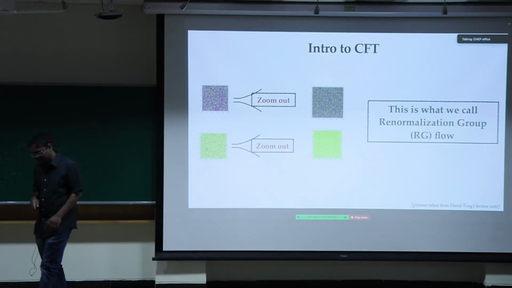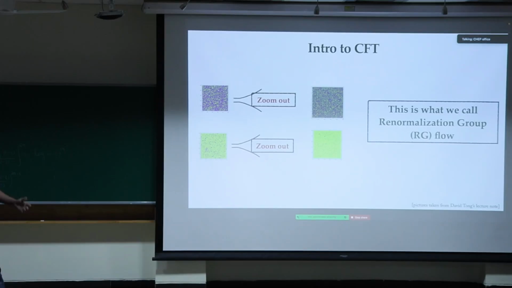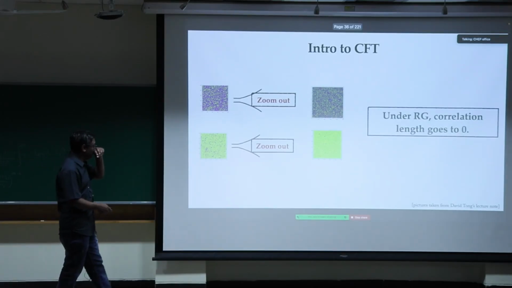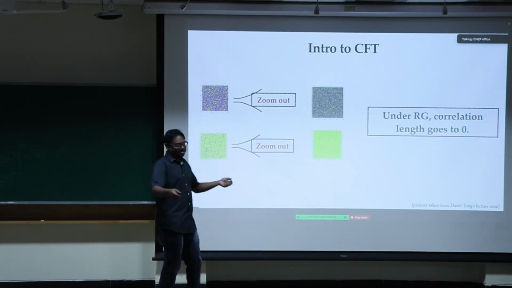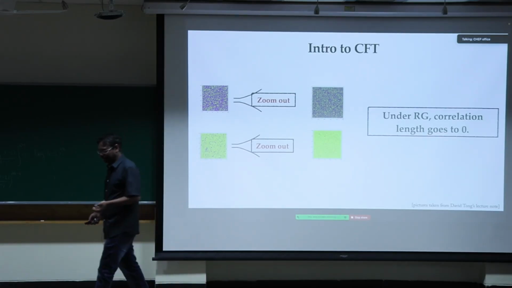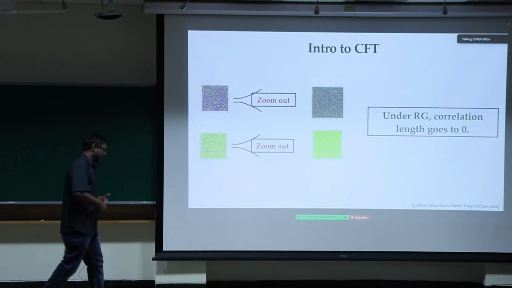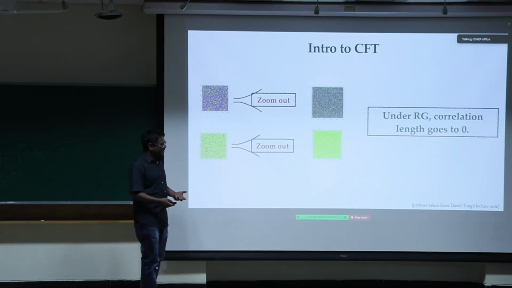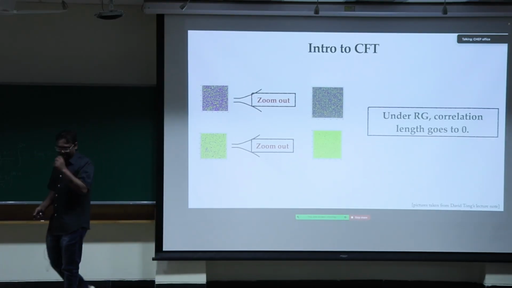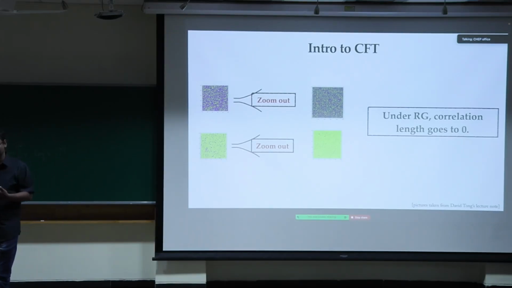What is happening if you are at very low temperature or at very high temperature under this RG flow is that the correlation length between these various fluctuations is actually going to 0. And that's what we mean when we say that a measurement depends on which length scale we are probing, because the correlation length changes as I change the scale at which we are probing the system.